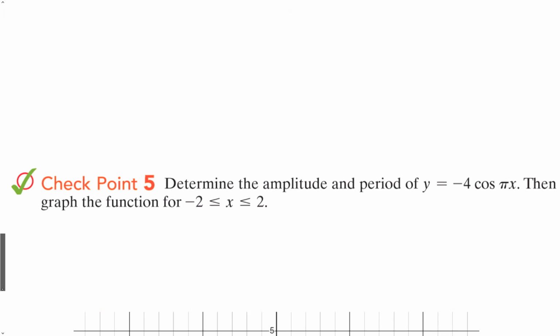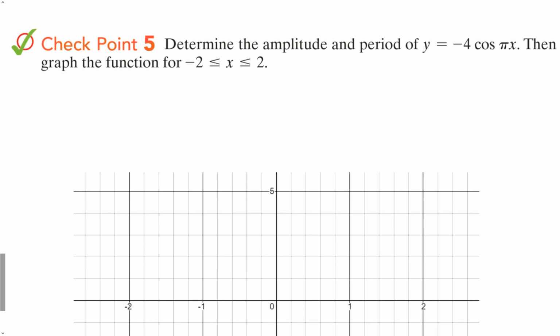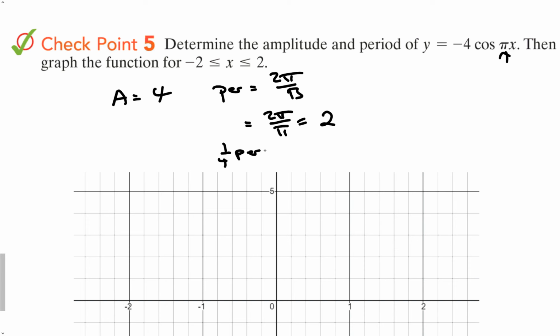Try our checkpoint problem. Okay, so again, pi in for b gives me weirder numbers. So a is 4, period is 2 pi over b, which gives me 2 pi over pi, which is 2. Quarter period is 1/2.